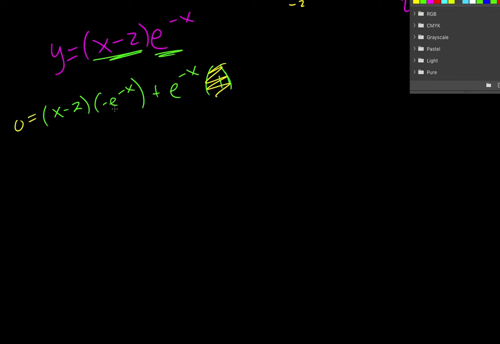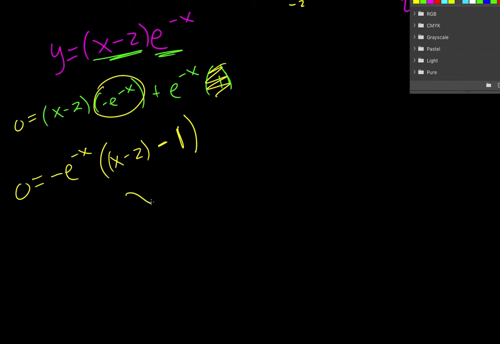But actually I'm going to take out the negative e to the negative x from both of them. So if I take that out, negative e to the negative x, this one we're left with x minus 2. I'll even do extra parentheses there. And then right here, we take out e to the negative x, but since it's positive, we need to leave a negative 1. Okay, this is still equal to 0.